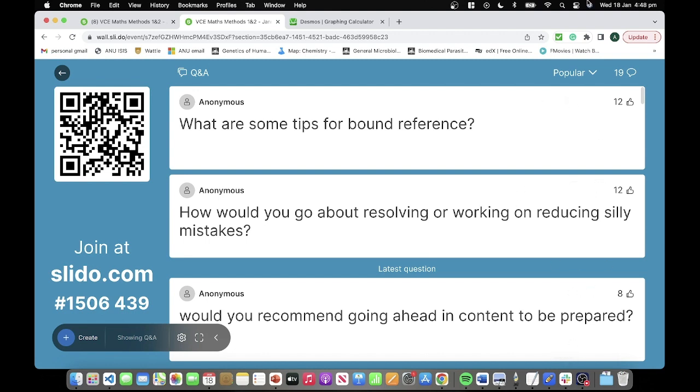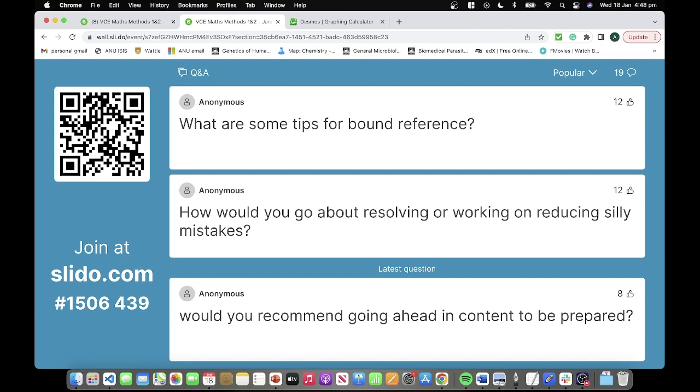I think I'll get to this a little bit later. And how would you go about resolving or working on reducing silly mistakes? Well, one of the things I pointed out earlier is doing everything step by step, not skipping algebraic manipulation. Also, throughout the lecture, every time we do a question, I'll point out wherever we can work on reducing silly mistakes, because silly mistakes were a big headache for me in year 12, especially.